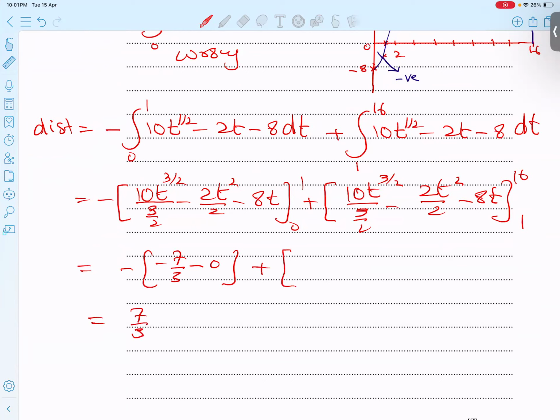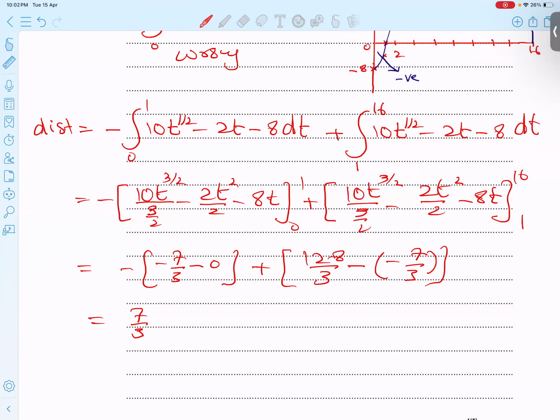Now, what is here, students? 20 divided by 3. When I plug in 16, let's see, 16 to the power 3 divided by 2, and negative 16 to the power 2, and negative 8 into 16. I get 128 by 3, and minus, and again negative over this one, clear.